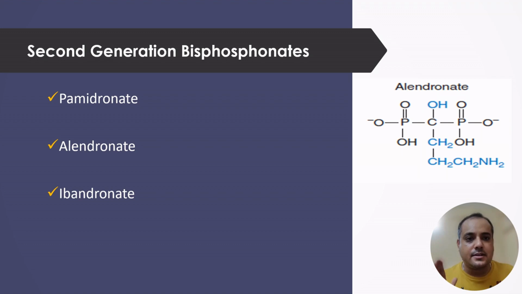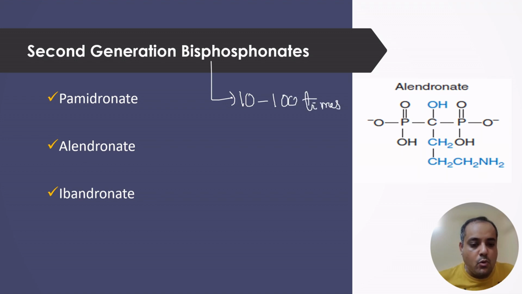The second generation bisphosphonates will be more potent than the first generation ones. In fact, the second generation bisphosphonates are 10 to 100 times more potent. Also, the structure will be more complicated than the first generation.